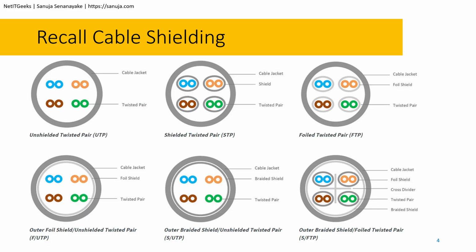I will go over that maybe in future lectures if we have time. But keep in mind, what is really important in this slide is that there are these different types of cable shielding, denoted by UTP, STP, FTP, etc., and you need to know what they are in a general sense as a cable installer.